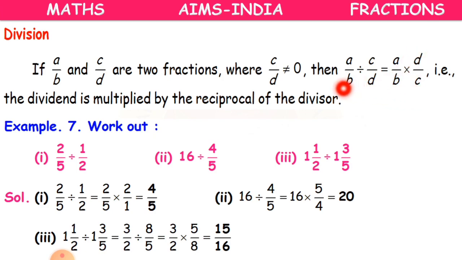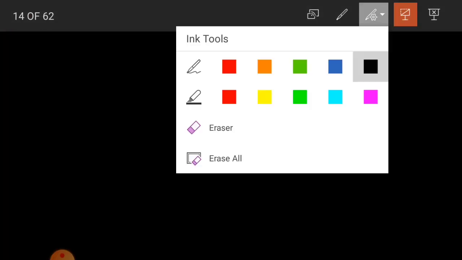Yes, students, how do we divide two fractions? The first fraction is written as it is. The division symbol is changed to the multiplication symbol. And for the next fraction, we write the reciprocal. C by d is written as d by c. Let us work out some examples. Yes. First question is 2 by 5 divided by 1 by 2.